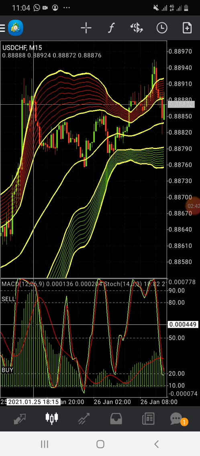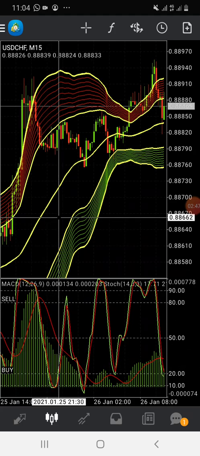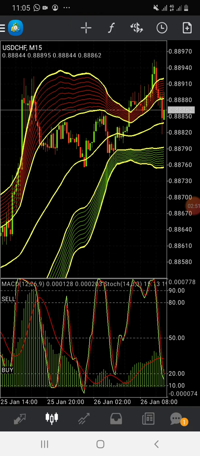The MACD is the one with the green bars. That's basically divergence, and the importance of divergence is that when you see a divergence happening, it means the trend of that pair is now weakening, and in most cases the trend of that pair or asset is now changing. So you need to know divergence because that's what it tells you about.